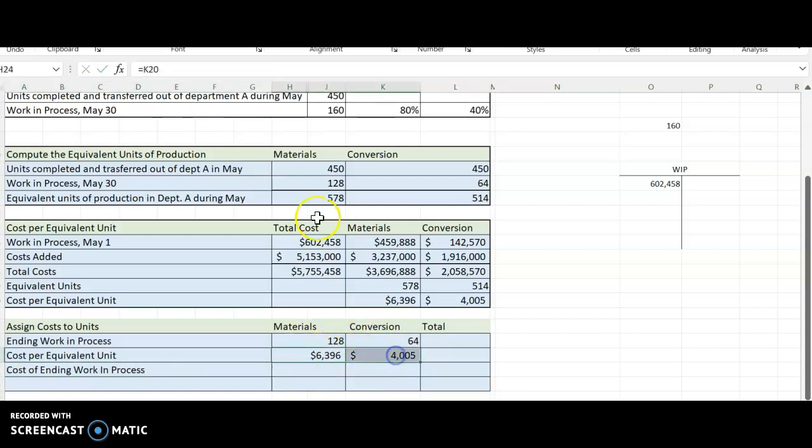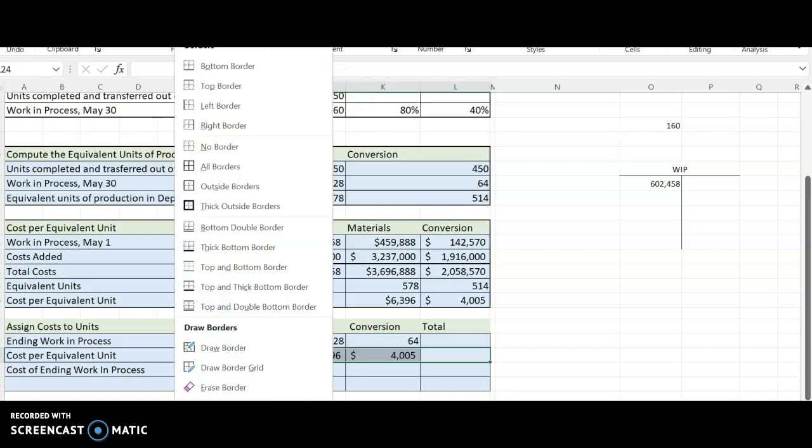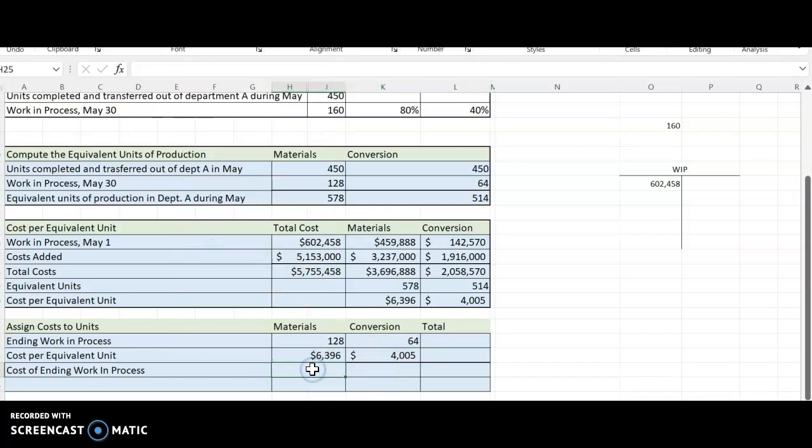So to get your total cost here, you're going to multiply your units times your cost per unit, and then add those two together to get the total cost of ending work in process.